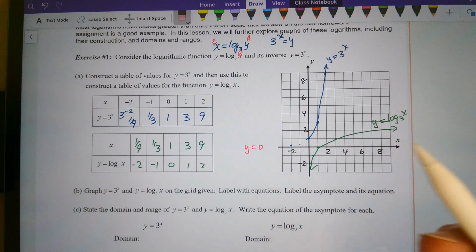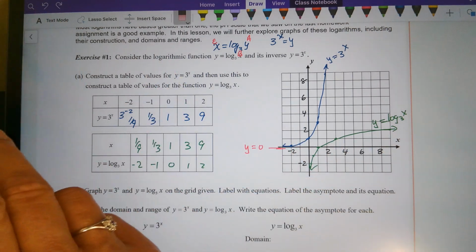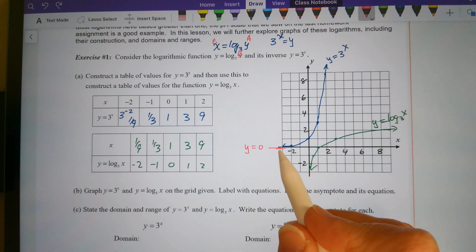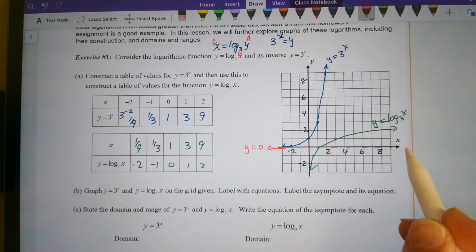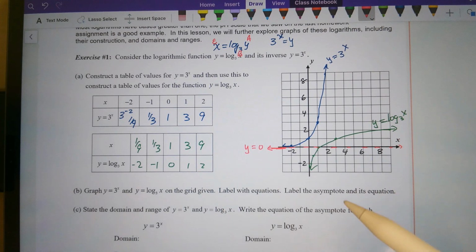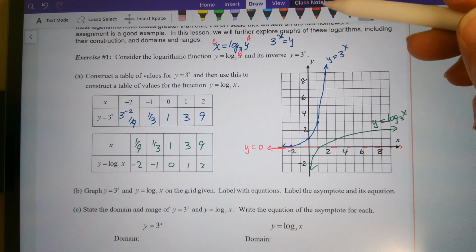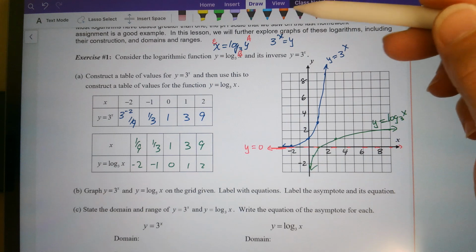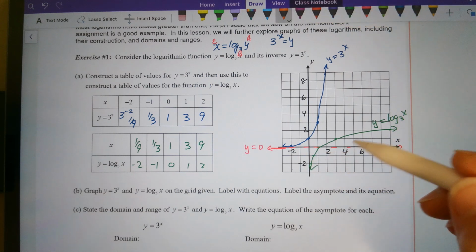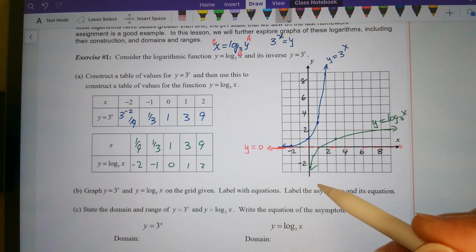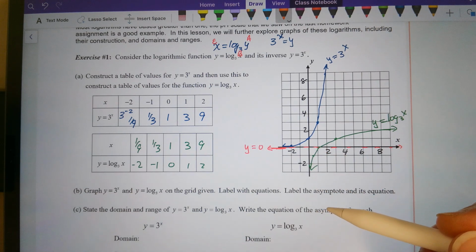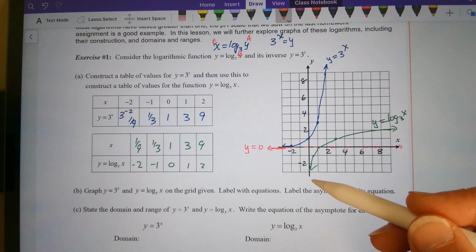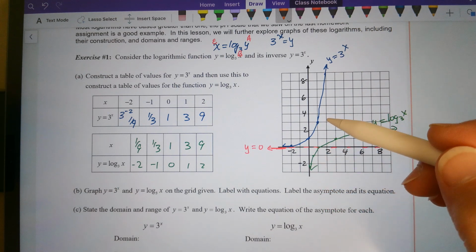I'll try to do it with a dotted line, y equals 0, and now our vertical asymptote: as y goes to negative infinity, x is approaching 0 for our log function.